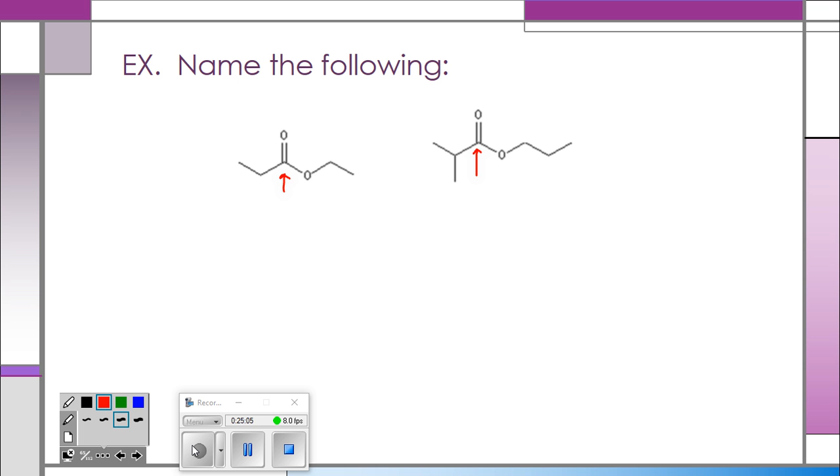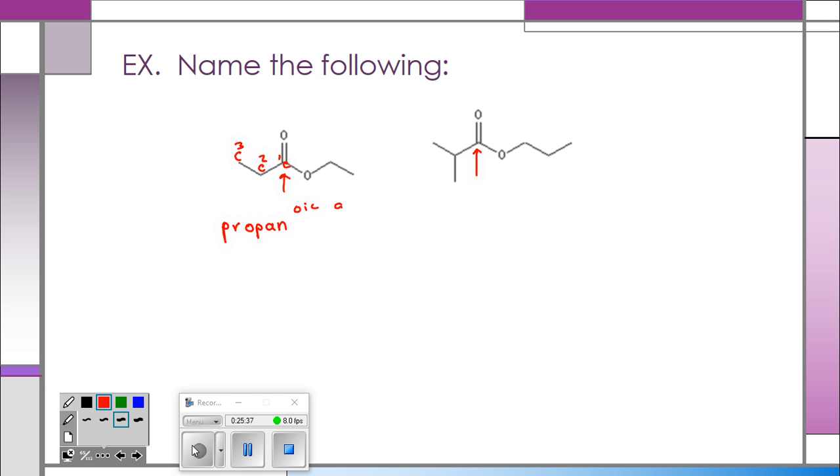I know that there's a carbon right here, and that if this had been an acid, this would have been carbon 1, that would have been carbon 2, that would have been carbon 3. It's not an acid, right? It continues on the other side, but if this had been an acid, the carbon that makes the double bond to oxygen would have been the first one. So the name of the parent acid is propanoic acid.